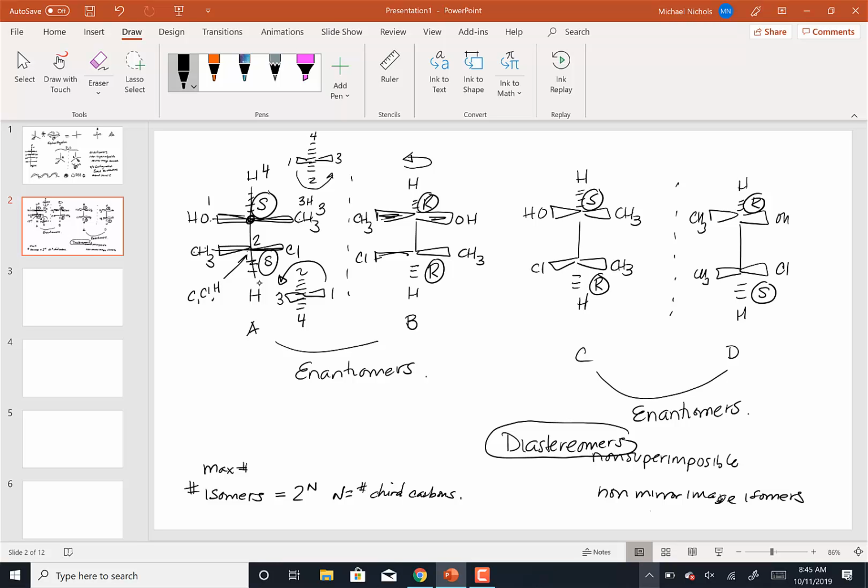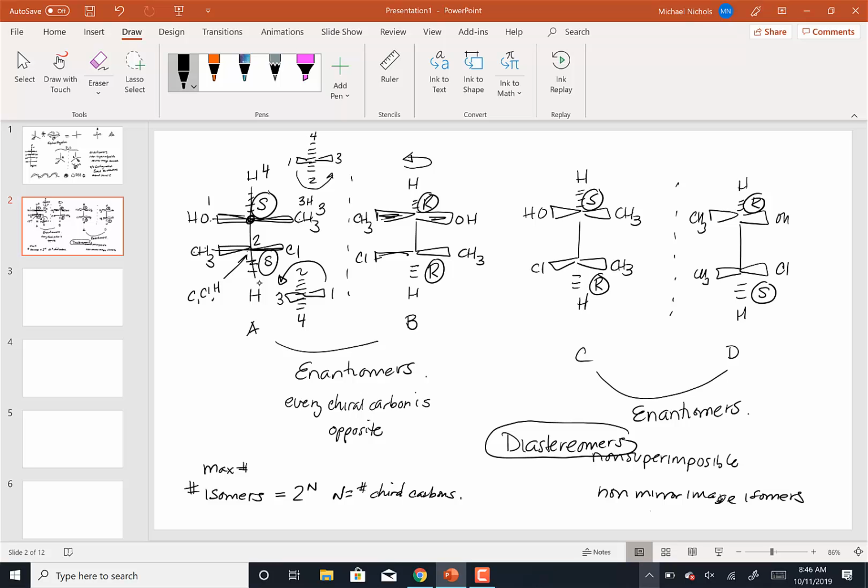Every chiral center in two enantiomers, every chiral carbon, is the opposite. So when you have enantiomers, it doesn't matter how many chiral centers you have, in order to be enantiomers, you need to have every single chiral carbon opposite. That's characteristic of enantiomers.